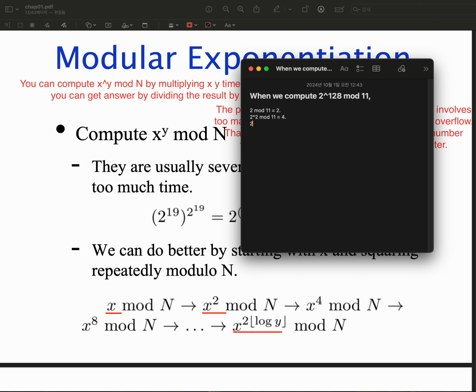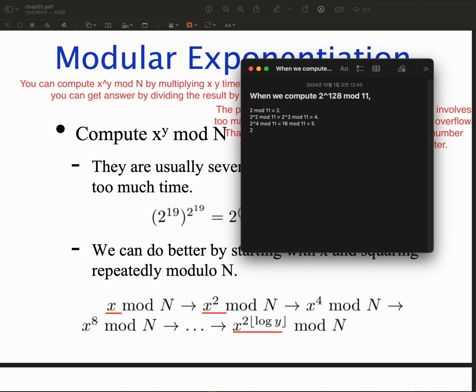The next step is 2 to the 4, which equals 16 mod 11, equals 5.